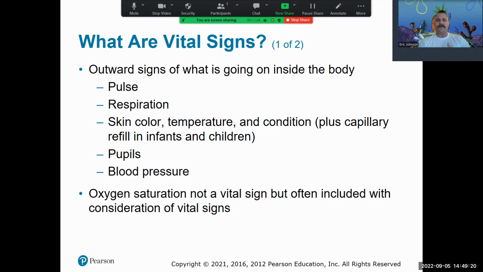Oxygen saturation, you guys are probably familiar with it because of COVID. One of the key early vital signs that we were looking at in March 2020 and throughout the rest of 2020 was, what's their patient SpO2, or their oxygen saturation level. What that means is how much oxygen is in the blood. That is a critical thing to assess, but in EMS, it can actually lead us down the wrong path.